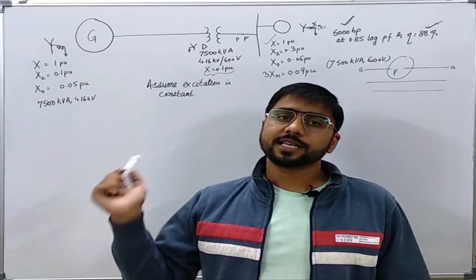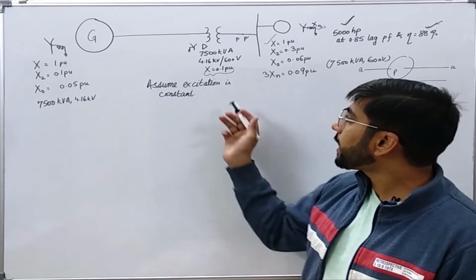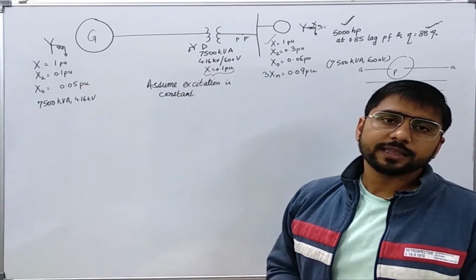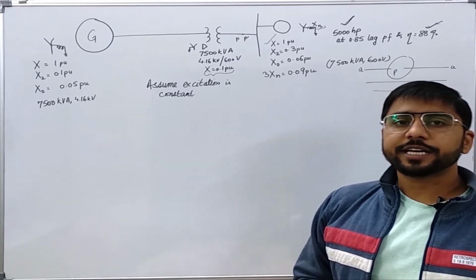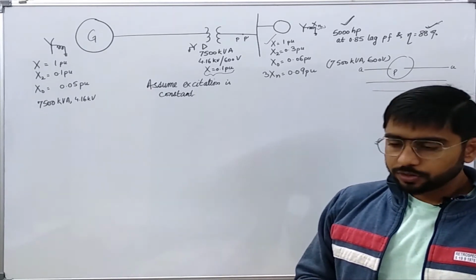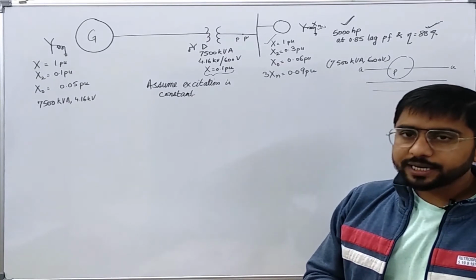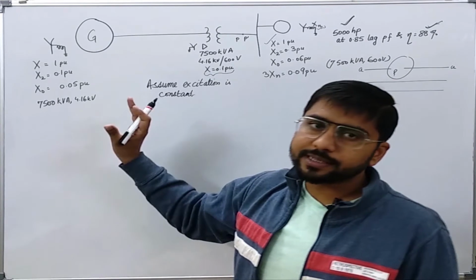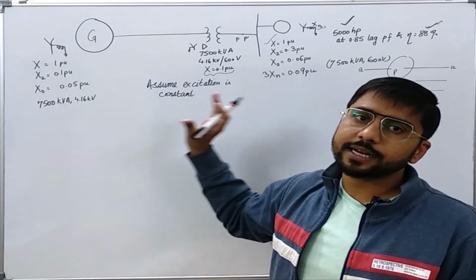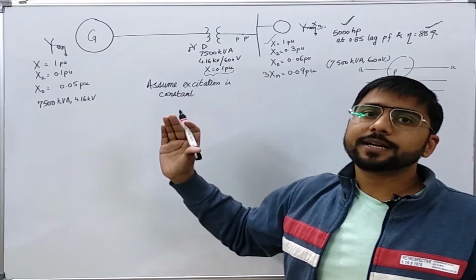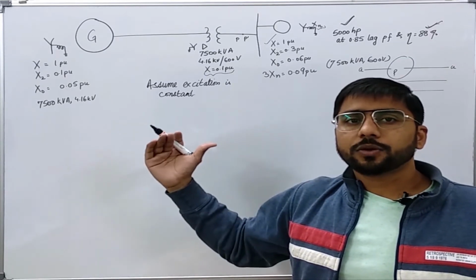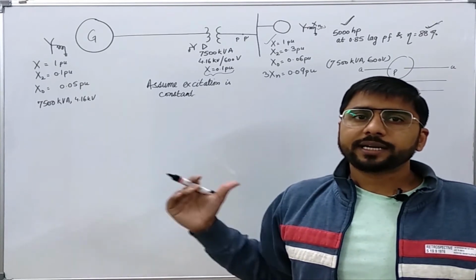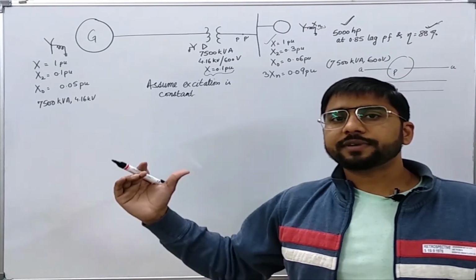First we will see what the assumption is. Here it is assumed that excitation is constant for both the machines. What does it mean? Like we have seen in the fault analysis of synchronous machine, during a fault the positive sequence reactance, the negative sequence reactance, and the subtransient reactance or the transient reactance or the steady state reactance come into the picture depending upon the time we are trying to investigate.